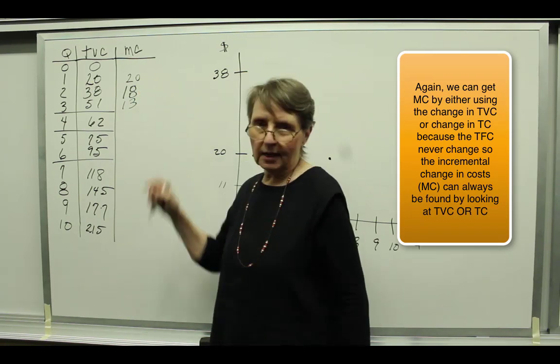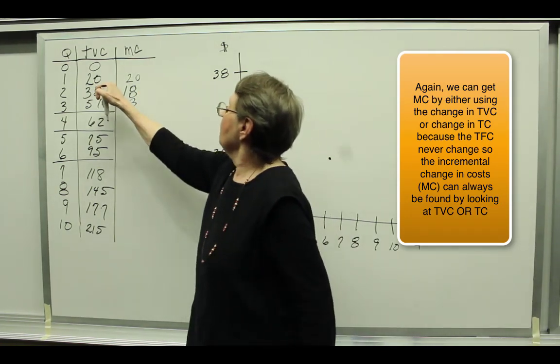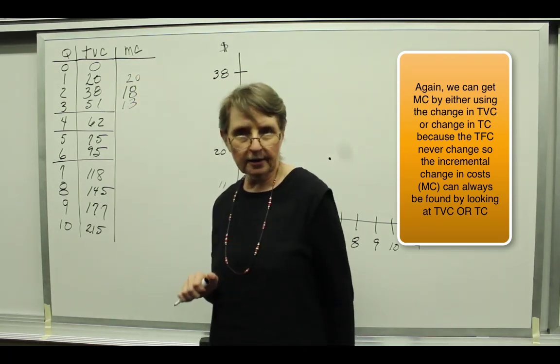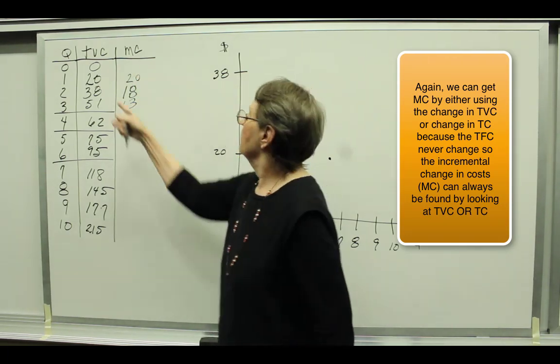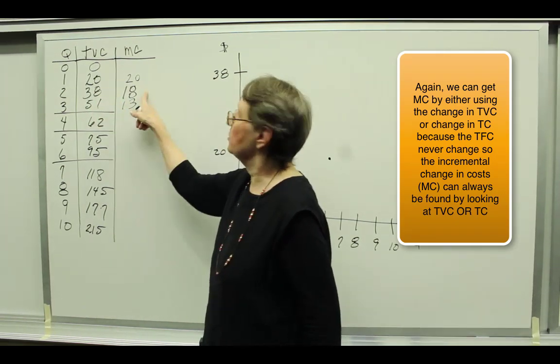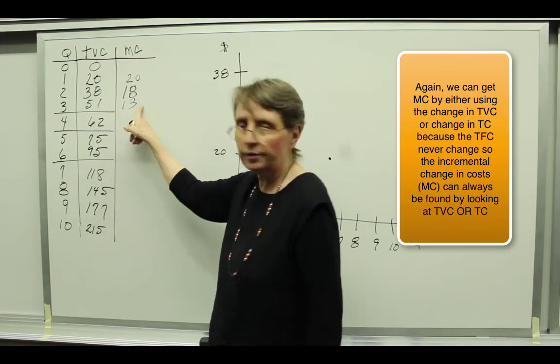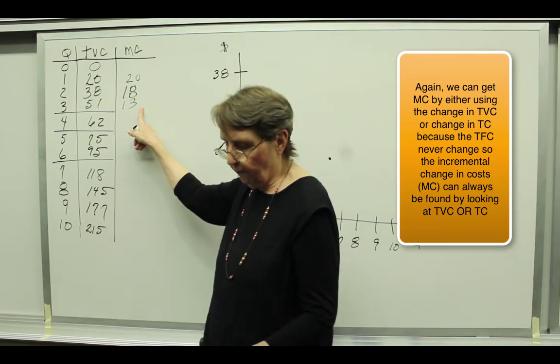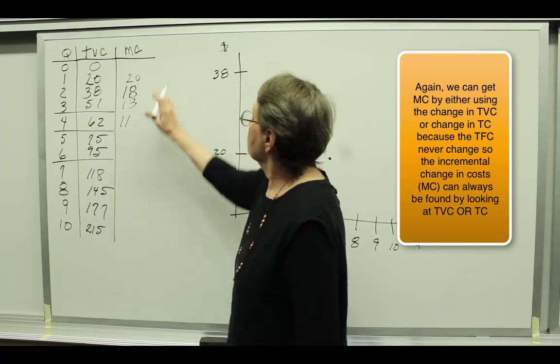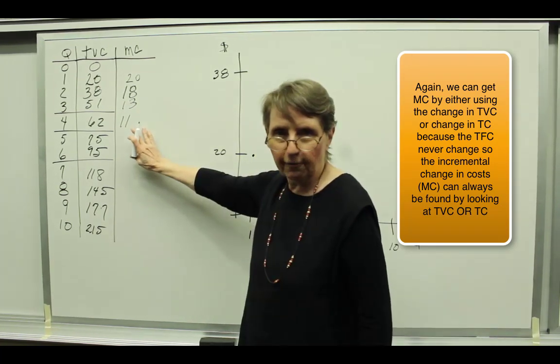What you can see is my variable costs are increasing, but they're increasing at a decreasing rate. The first unit increases my cost by $20. The second unit increases my cost by $18. The third unit by $13. The fourth unit by $11. So my marginal costs are falling.